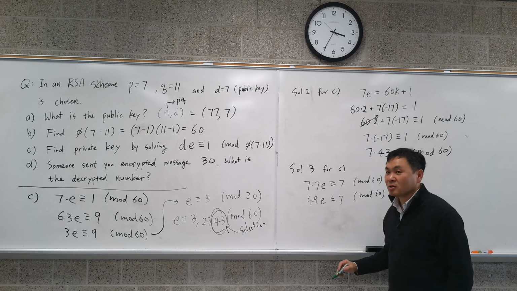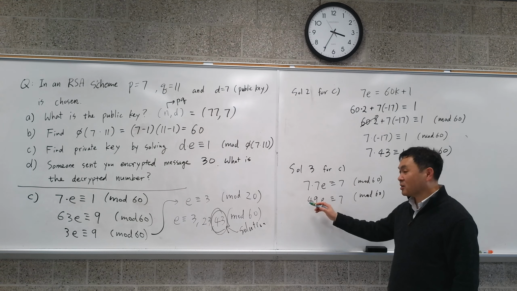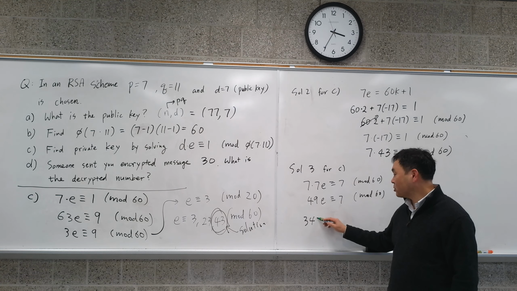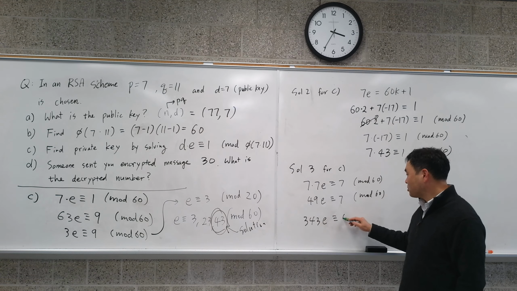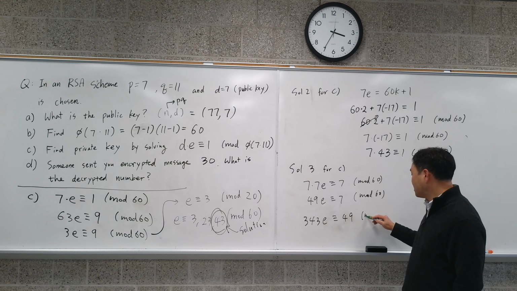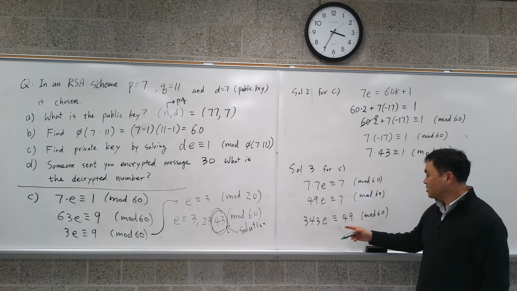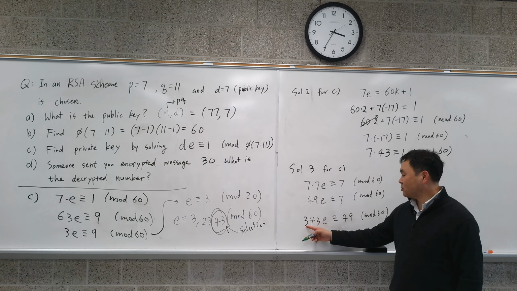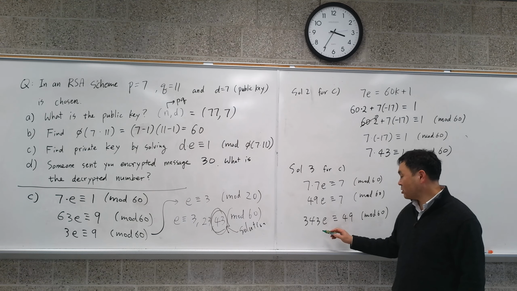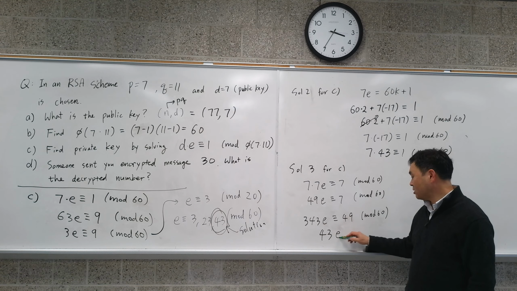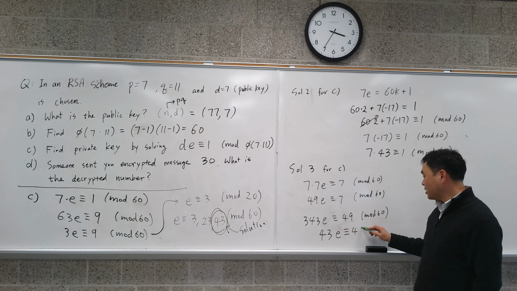Then multiply both sides by 7 again, which gives you 343e congruent to 49 mod 60. And in mod 60, 60 times 5 is 300, so you can subtract 300 to get 43 times e is congruent to 49.